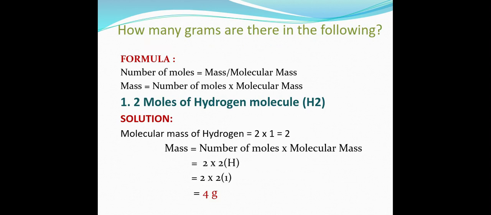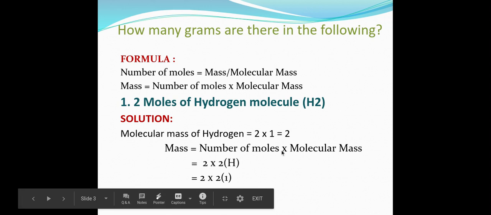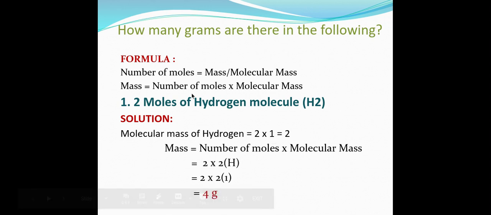First, we'll see how to calculate it. In the evaluation part, the first problem given is: how many grams are there in the following? That is 2 moles of hydrogen molecules. What formula do we have to use?